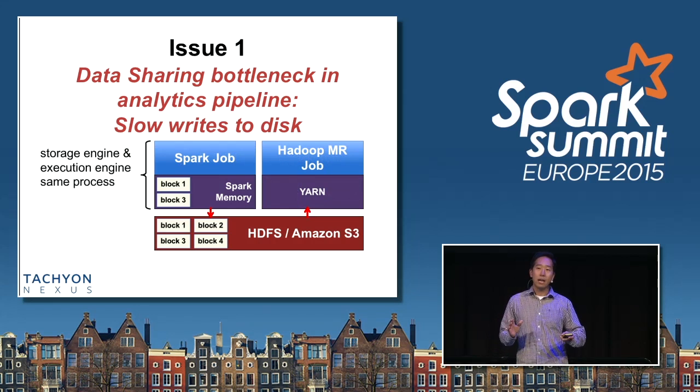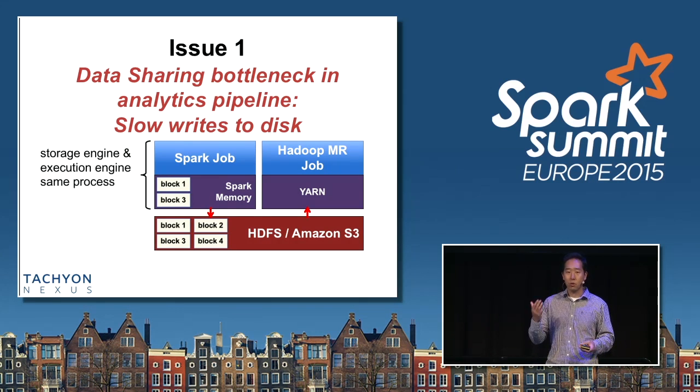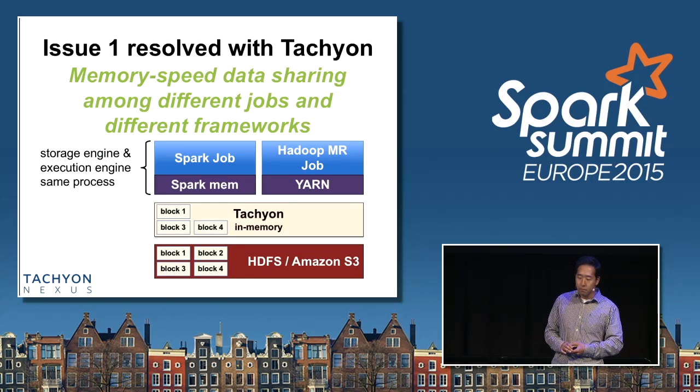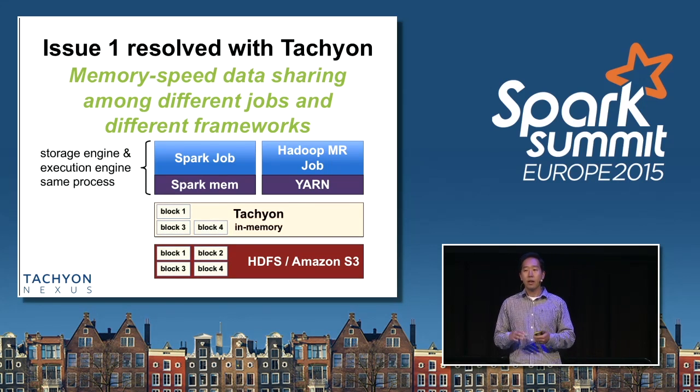This is not isolated to Spark jobs only. It applies to other frameworks as well. Say the second job was a MapReduce job. Again, you would have to write out the data to HDFS before reading it back in from the second job. Tachyon can solve this problem by providing memory-speed data sharing between these two jobs, or between a sequence of jobs.